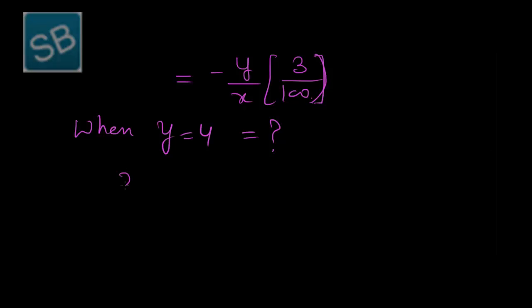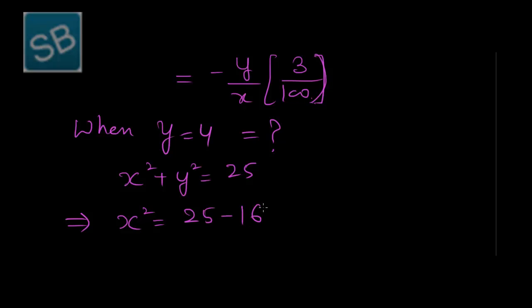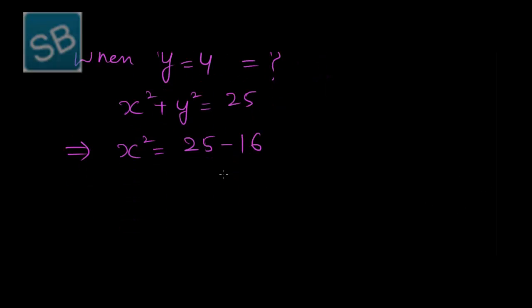We have already x square plus y square is equal to 25. So from here, x square is equal to 25 minus y square, that is 9. So we get x is equal to under root 9. Since it is a length, the negative value is rejected, we get only 3 meter.